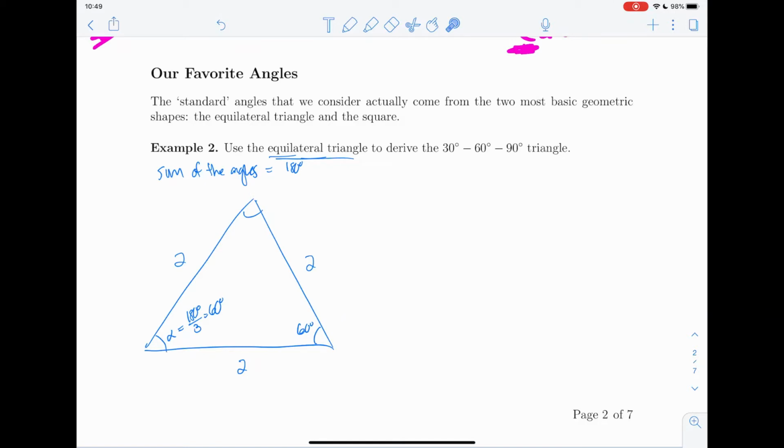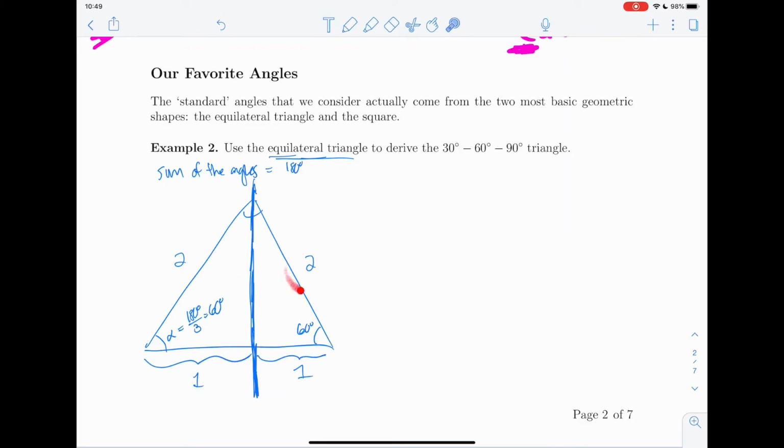Now what we're going to do is cut this triangle in half. We're going to cut right down the middle like that. When we do that, we'll find that down here in the bottom, the base length that was a 2 just got cut in half, so each side here is a 1.